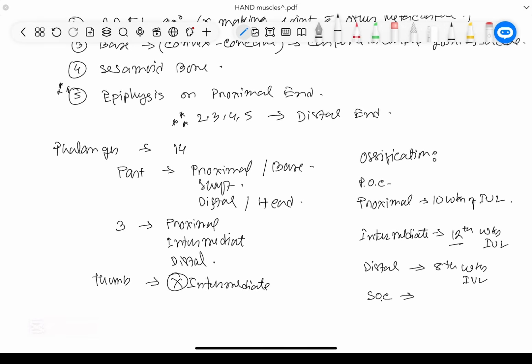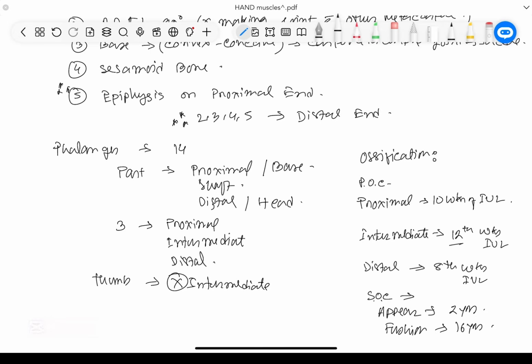In the case of the secondary ossification center, again I am writing in shortcut: proximal, intermediate, distal. For every one it appears at the second year, and fusion for everyone is at the age of 16 years. There is no exception like the metacarpals. Now, where is the location of the epiphysis?